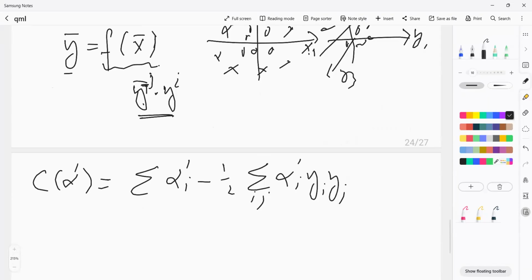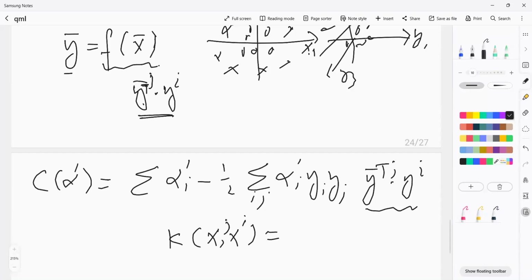So all we need is this new inner product y_j dot y_i, and this thing, let's call it some kernel, which is just the inner product in the higher dimensional space corresponding to these two data points. So all we have to do is compute this inner product between the two vectors.